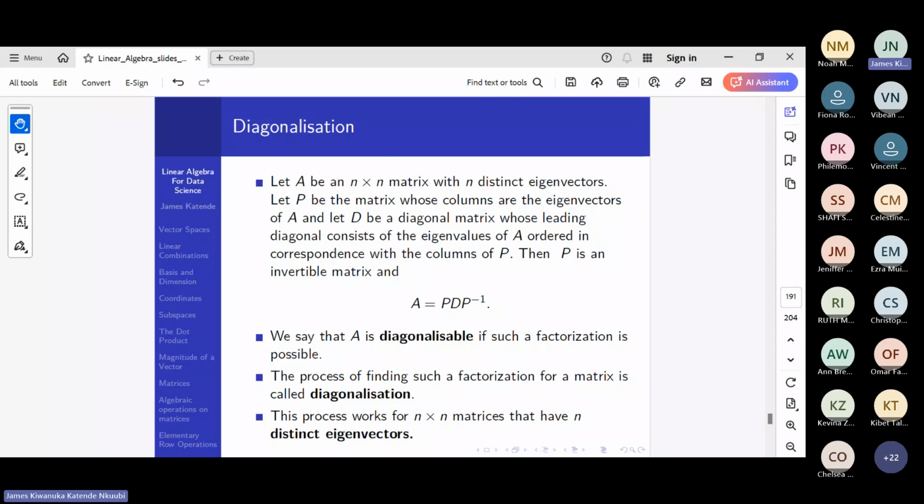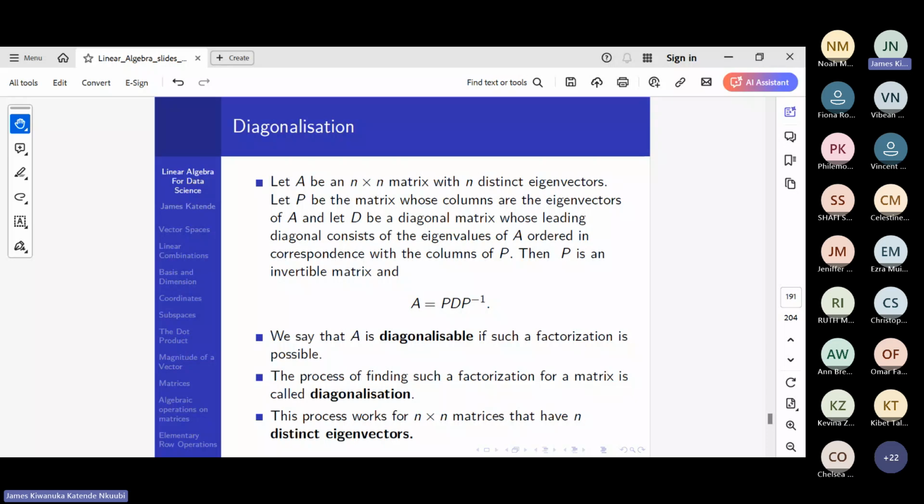In this case, we insist that there should be exactly n distinct eigenvectors. Of course, they cannot exceed n because you have a polynomial of degree n, so the number of roots cannot exceed n, and the eigenvectors correspond to the eigenvalues, and therefore they also cannot exceed n. But we want a special case where there are exactly n distinct eigenvectors.